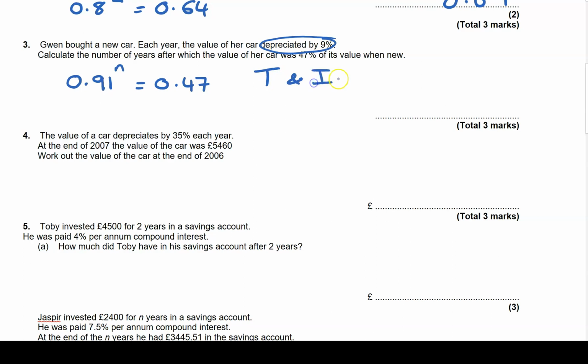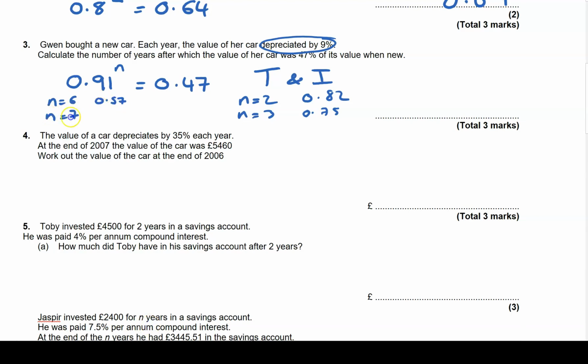Trial and improvement. So if we say that n is 2, just start simple, we get 0.82. If n is 3, 0.91 to the power of 3 is 0.75. I've run out of space already. Let's go over here. Let's go up to 6. 0.91 to the power of 6 is about 57%.